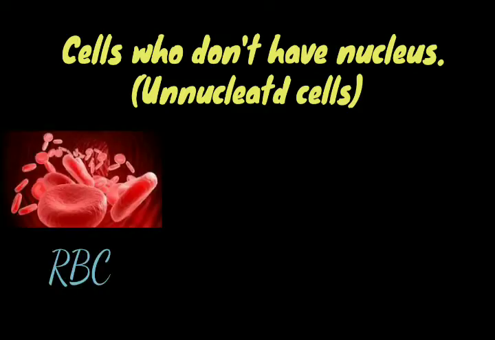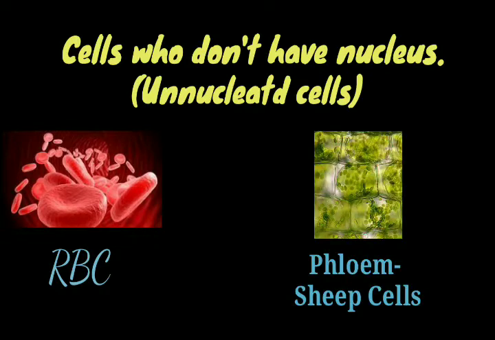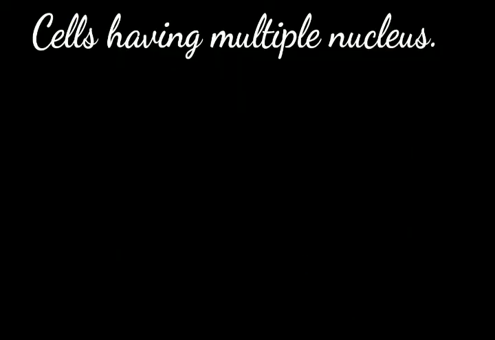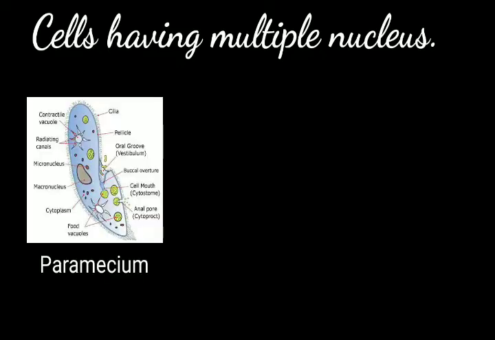Example, RBC. And in phloem there are sieve cells which don't have a nucleus, right? And some cells are multinucleate, so many nuclei are present in them. For example, paramecium is multinucleated, right?